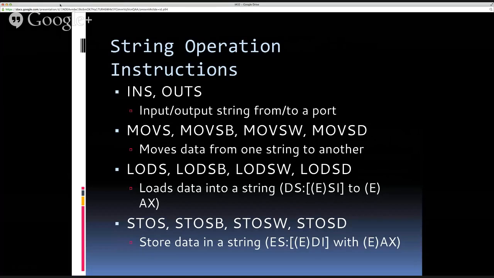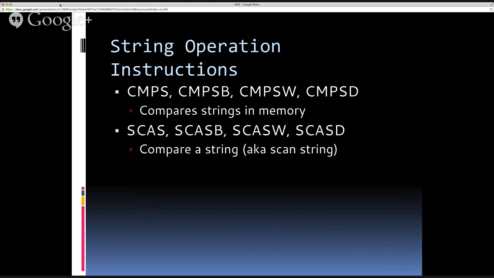The load instruction is going to be loading from ESI in the data segment to EAX, and the store instructions are going to be storing into the string in EDI with the contents of EAX. So again, I would refer you to the Intel manuals if you are going to be using these, to see the exact specifics of how they operate, but that's the general idea.